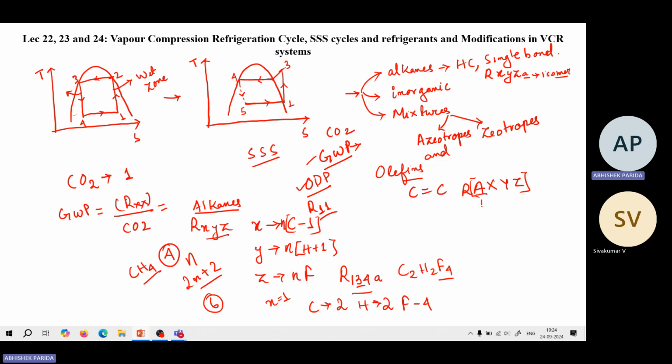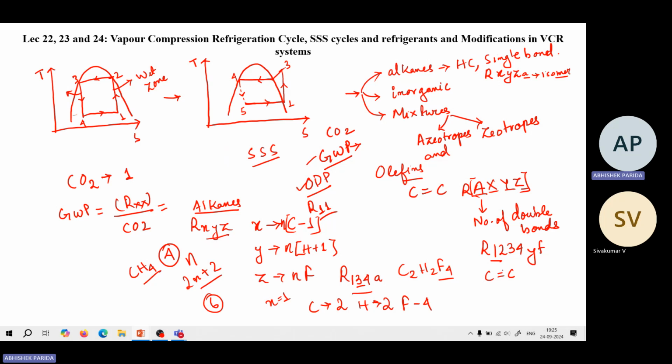Now A stands for the number of double bonds, and XYZ are the same as for alkanes. Mostly in your car ACs, 1234 is used. This is the refrigerant you can find in your automobile air conditioning system. So in here, 1 means there will be one double bond with carbon.